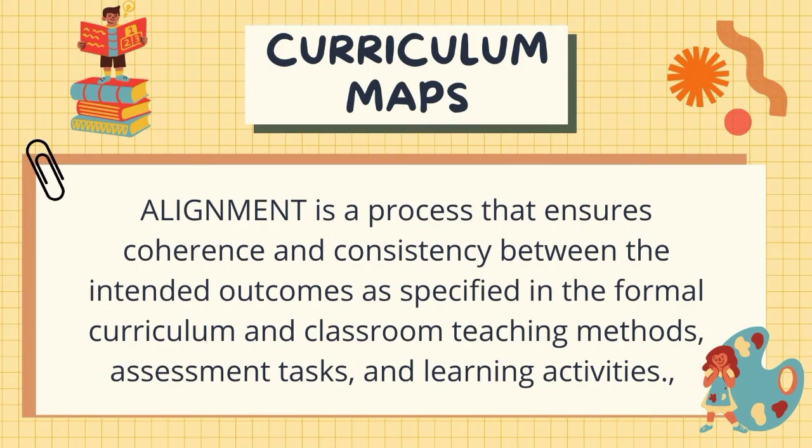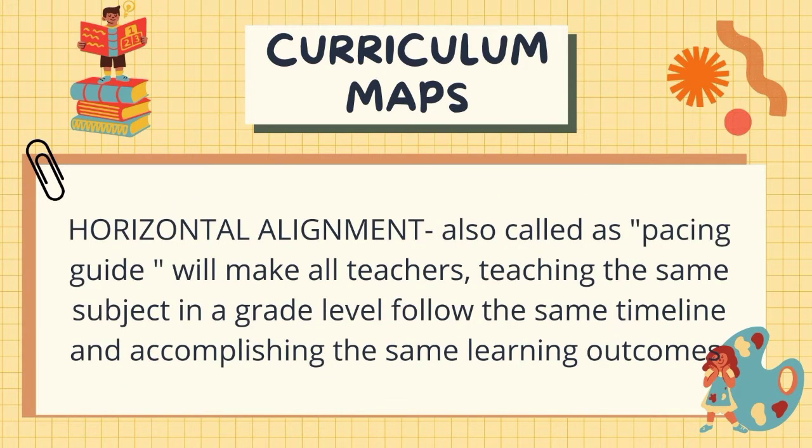Basically, alignment is a process that ensures coherence and consistency between the intended outcomes as specified in the formal curriculum and classroom teaching methods, assessment tasks, and learning activities. Alignment is represented in two ways, the horizontal and the vertical alignment.